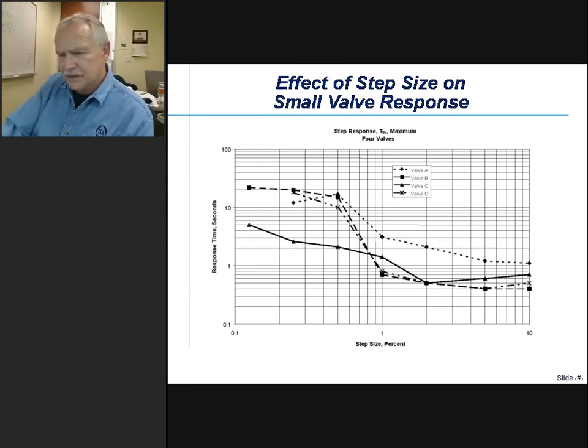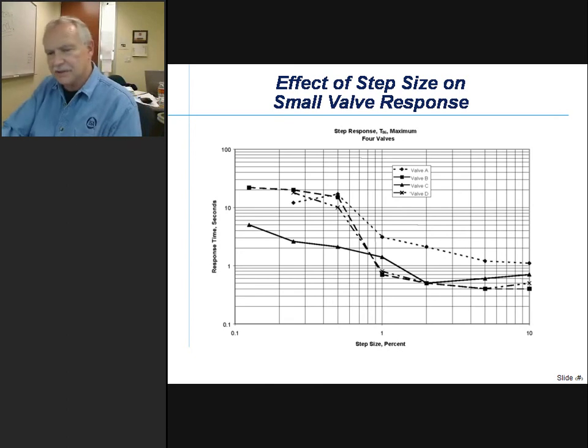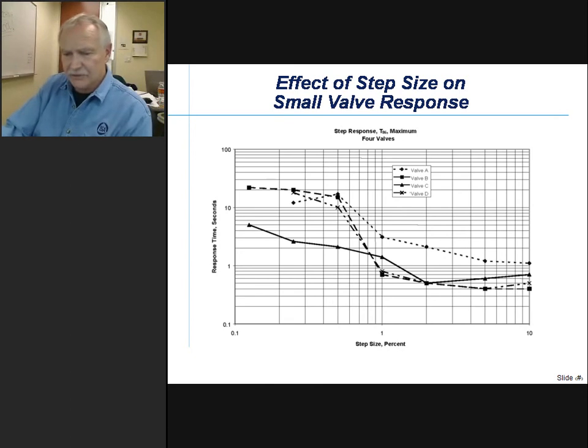And so what we have here from the ISA standard on response testing for a control valve is a nice plot for various valves, and I think these are probably for older positioners, that shows that if you decrease the step size below 1%, some valves right away, the response, like this one over here, deteriorates.